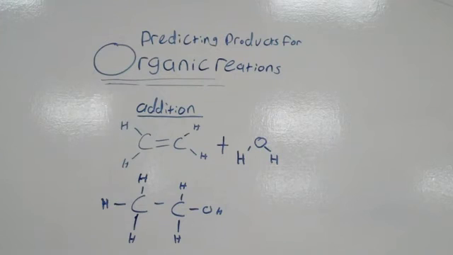In an addition reaction, you break the double bond between two carbons, change it to a single bond, and whatever you are adding to it, you break your additional molecule into two parts and add part of it to each carbon.